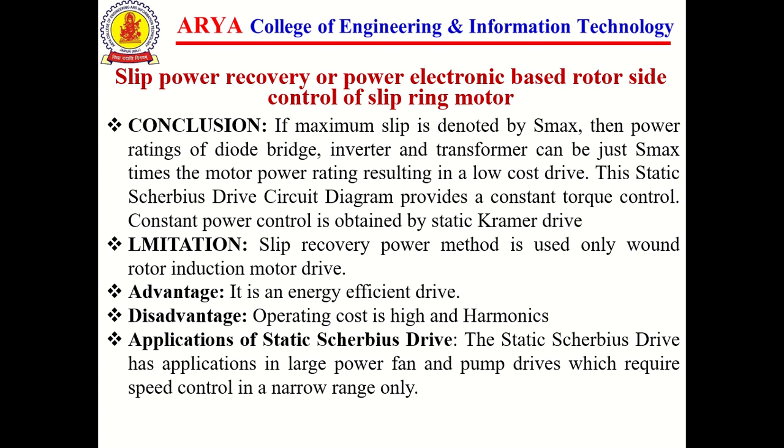This static Scherbius drive circuit provides constant torque control. With constant torque, we control the speed below and above rated speed. So this is the advantage of this drive. Constant power control is obtained by the first method, the static Kramer drive.